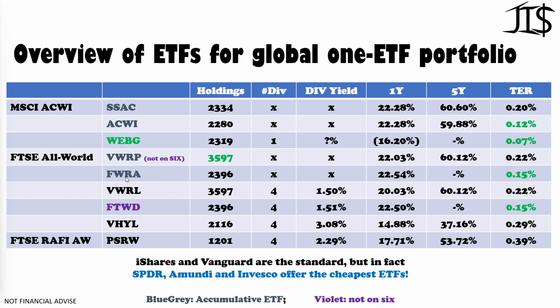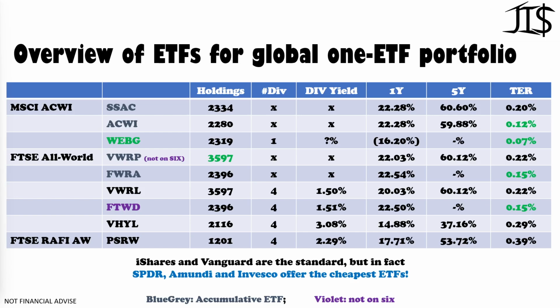I mean, it's the Invesco, so FWRA and FTWD are Invesco ETFs, and they are cheaper in fact than the Vanguard, and that's not something that you would expect because iShares and Vanguard are always the go-to providers of ETFs in Europe.